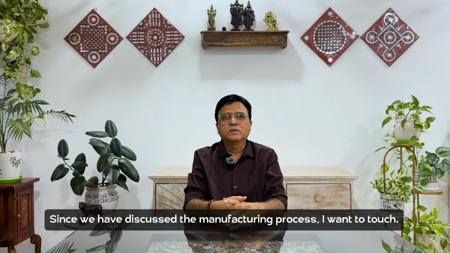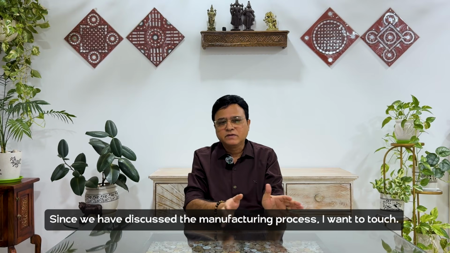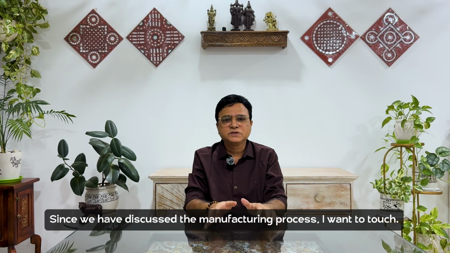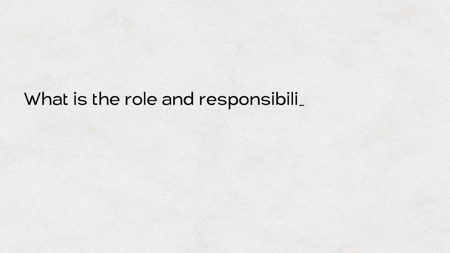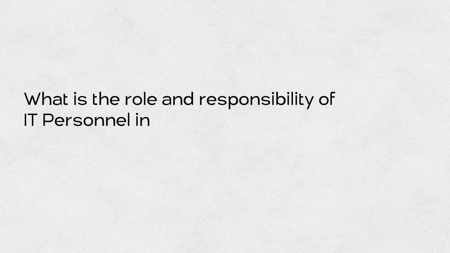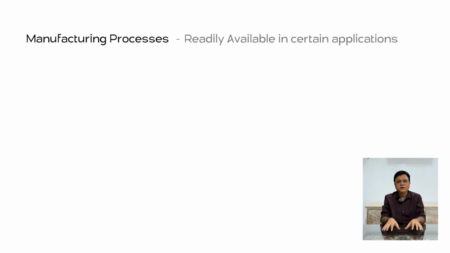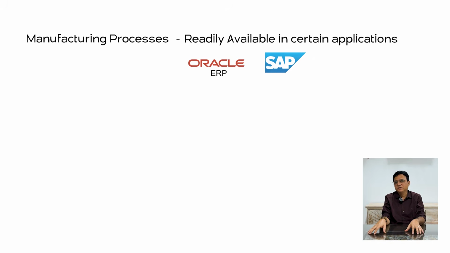So now, since we have discussed the manufacturing process, I want to touch on the role and responsibility of IT personnel in this manufacturing process. Now all these manufacturing processes are readily available in certain applications like Oracle ERP or SAP.